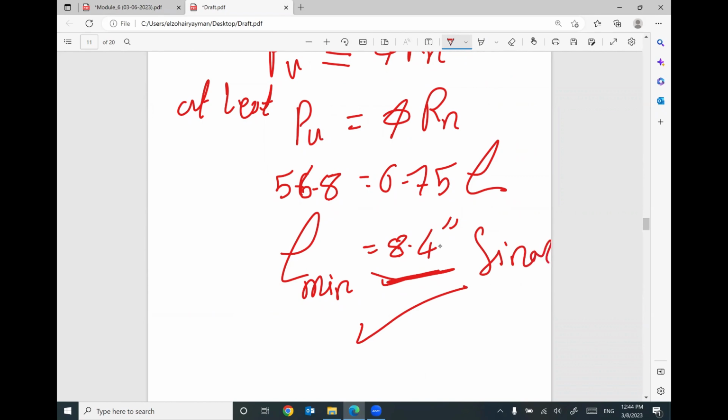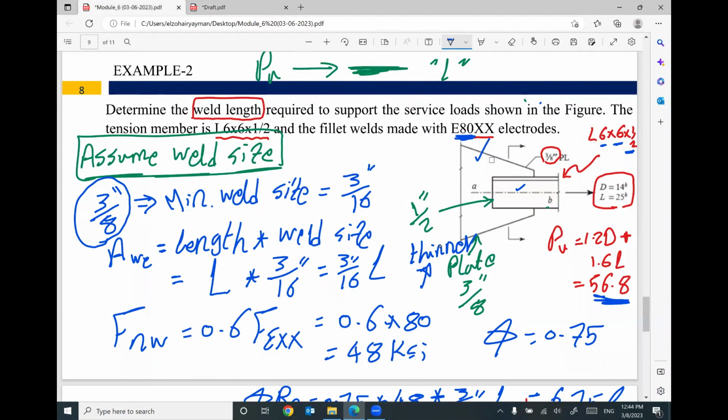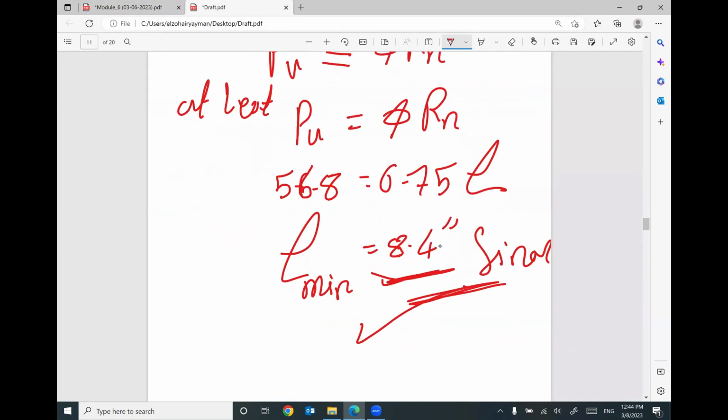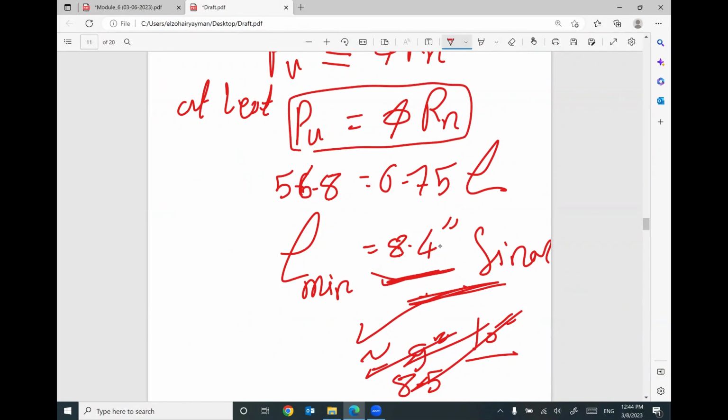I'm looking for the weld length, and you answered the question. The minimum length cannot be smaller than 8.4. You can assume 8.9, that's fine. 8.5, that's fine. 10, that's fine, but not less than 8.4, because you assumed the minimum condition that P ultimate equals the design strength.